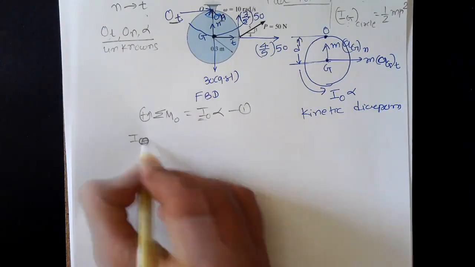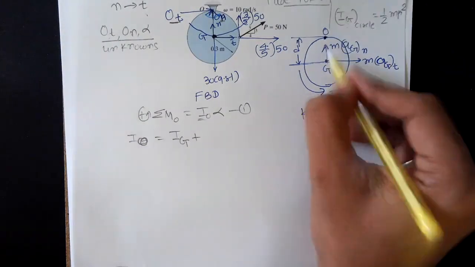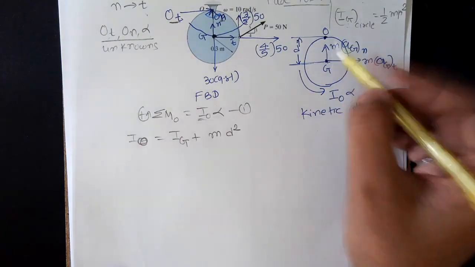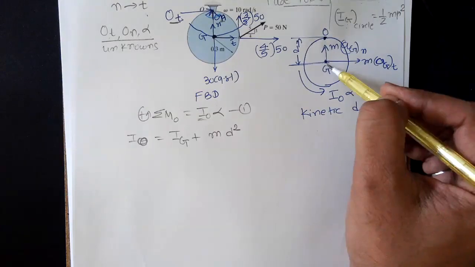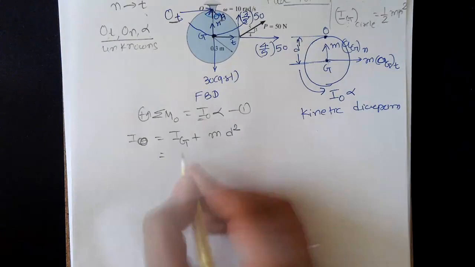So I0 is Ig plus mass of the disk multiplied by square of the distance between the 2 points, that is the actual point of rotation and center of mass, and that is distance d.